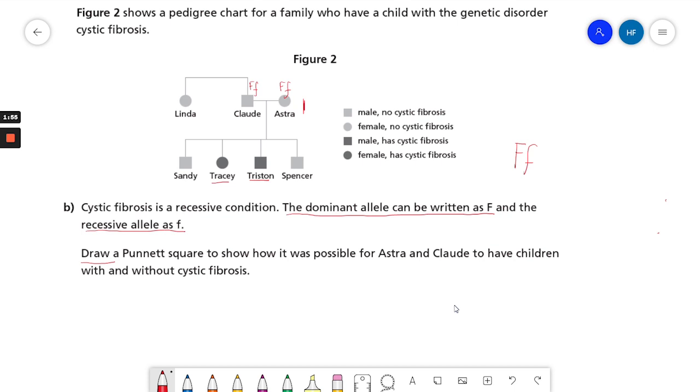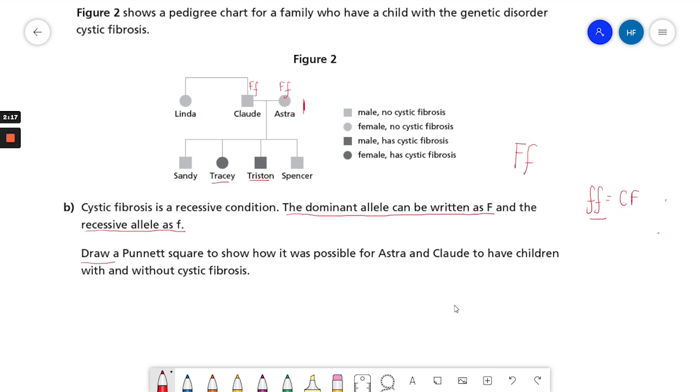And we're also told at the start of part B that cystic fibrosis is a recessive condition. So that tells us that to actually have cystic fibrosis, you would need to inherit the cystic fibrosis allele from both parents. So actually to have cystic fibrosis, you would need to have this genotype here.